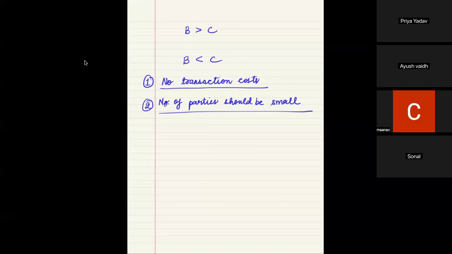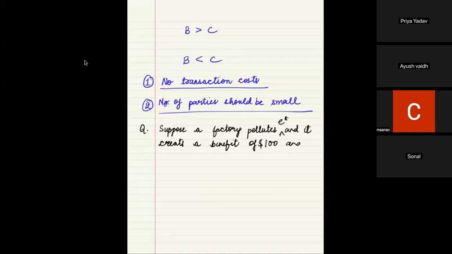Now, I will give a question. It has been asked in past years. So now suppose a factory pollutes E star and it creates a benefit of $100, and it creates a damage to the nearby locality.